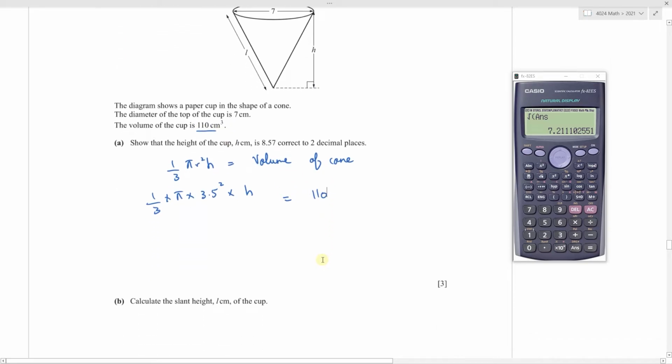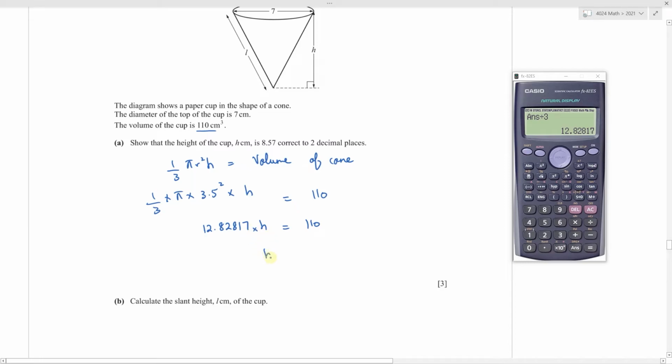So let's solve for h here. 3.5 squared into pi, divided by 3, is 12.82817, times h equals 110.